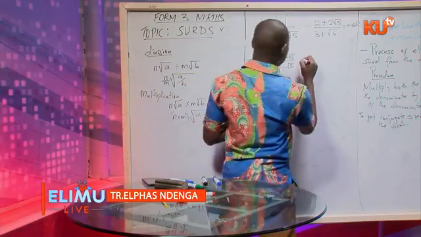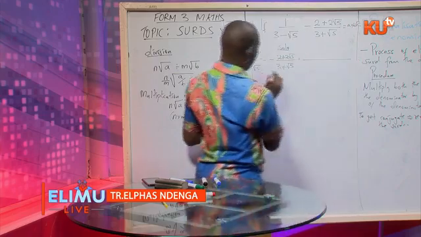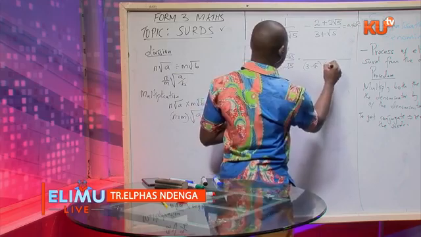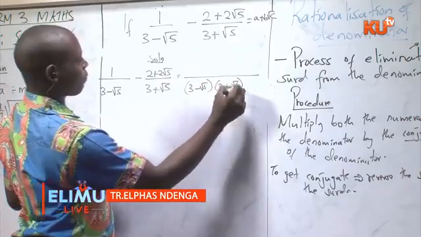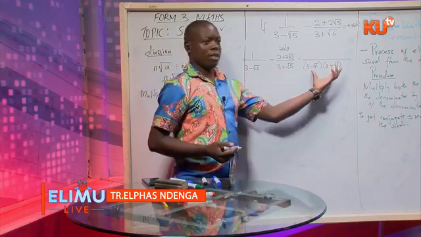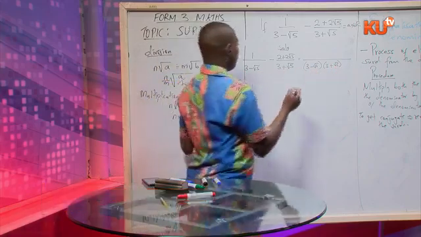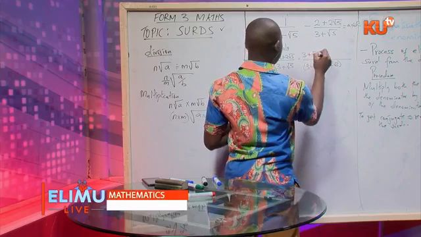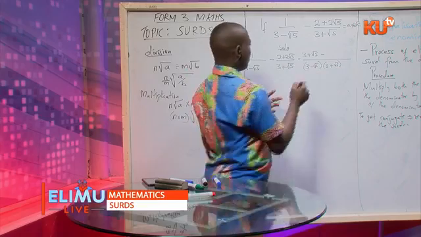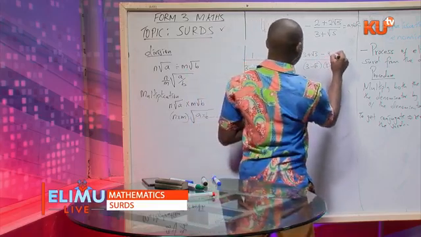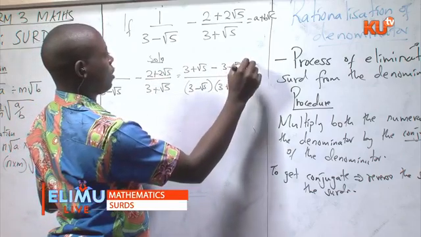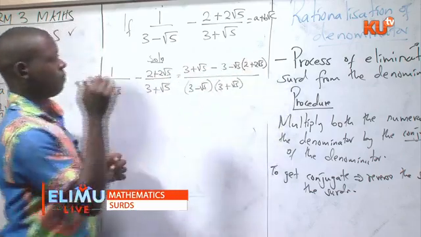If you look at these two, the LCM is the product of these two. That is 3 less root 5, 3 add root 5. 3 less root 5 into this is 3 add root 5, then minus this into this will give us 3 less root 5 into 2 plus 2 root 5.